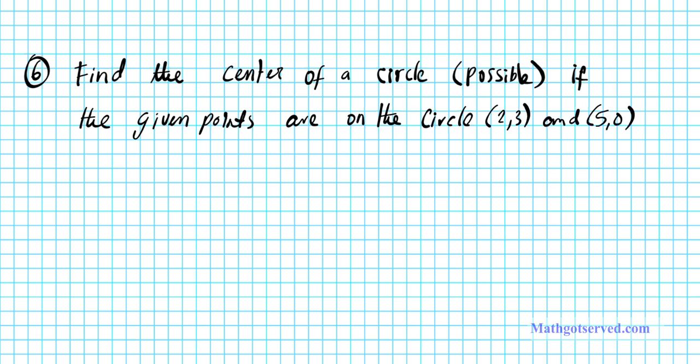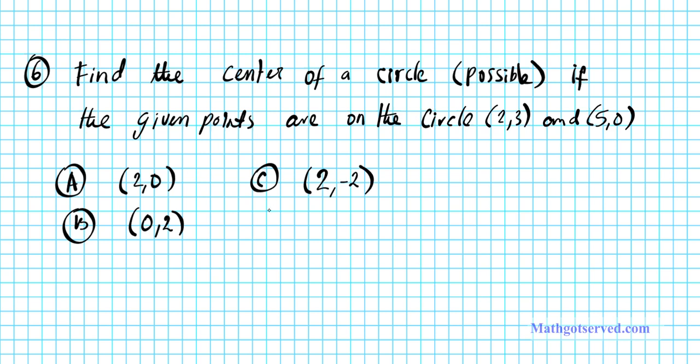These are the choices we have here. Choice A, we have (2, 0). Choice B, we have (0, 2). Choice C, we have (2, negative 2). And then choice D, we have (2, 2). Given these 2 points on the circle, which of these could be a possible center of the circle?